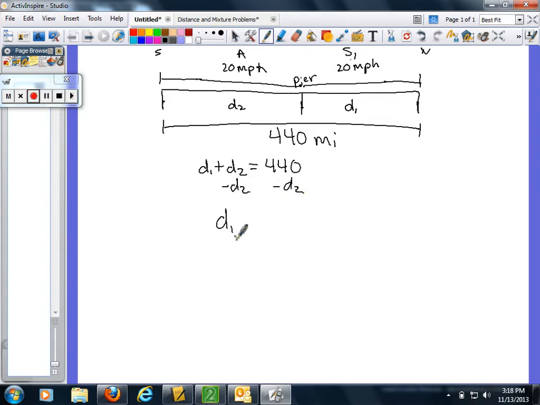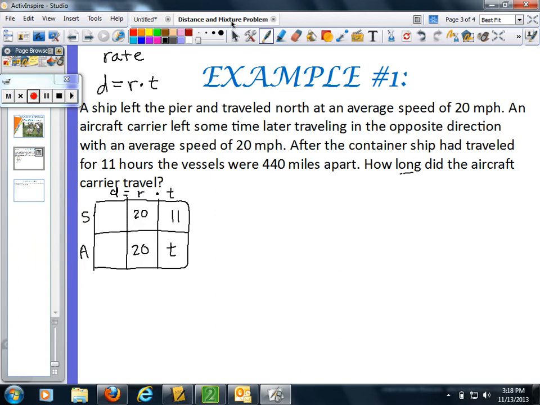That means that the distance that the ship traveled equals 440 miles minus the distance that the aircraft carrier traveled. So we're going to use that information now. So this one, we're going to say is D, and this one is 440 minus D.